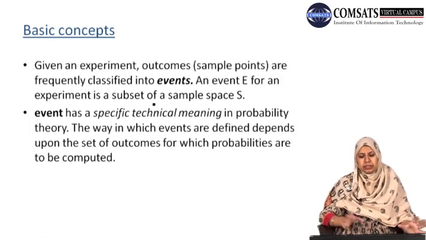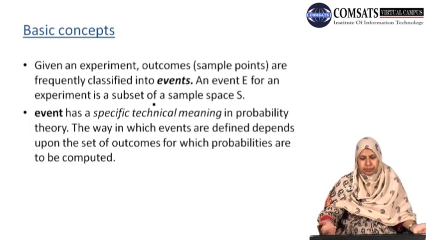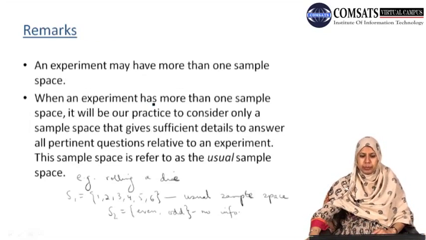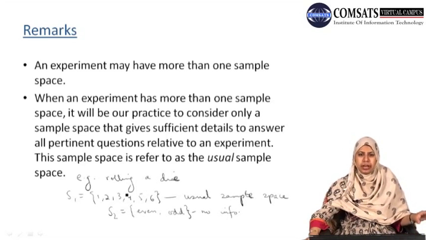We classify these outcomes into subgroups, and these classes are called events. For example, in our previous example, we may classify our outcomes as one class, our set of all even outcomes, which means that we have grouped our outcomes satisfying some particular property, and that group will be called an event.